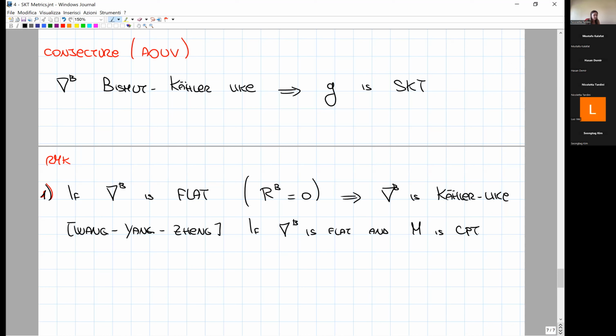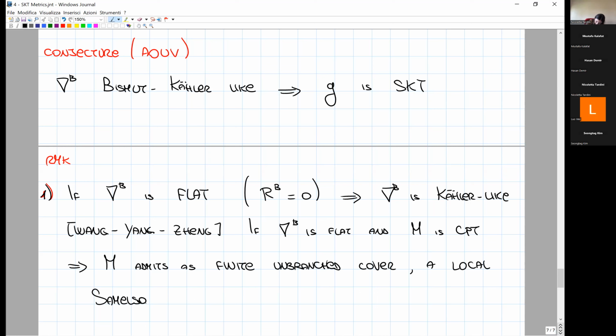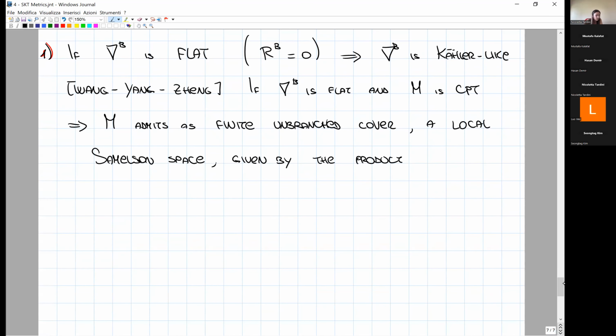But when M is compact and the Bismuth connection is flat, then Wang, Yang, Zhang proved that M admits as a finite unbranched cover a local Samelson space, given by the product of a compact semi-simple Lie group and a torus.